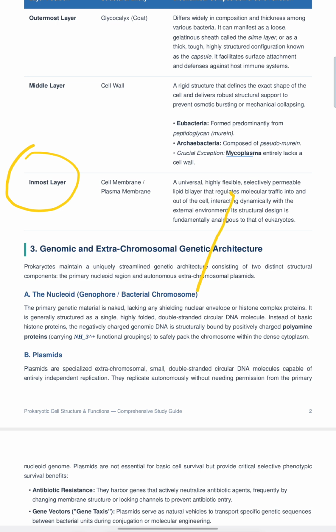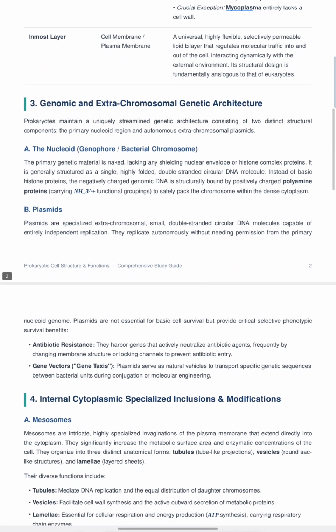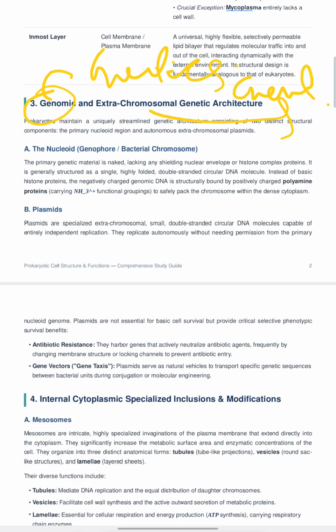Now moving to the next topic, the genomic and extrachromosomal genetic architecture. This is not concept based, but we can understand that genomic relates to genetics, and chromosome means genetic material. Prokaryotes maintain a uniquely streamlined genetic architecture consisting of two distinct structural components: the primary nucleoid region and the autonomous extrachromosomal plasmid.